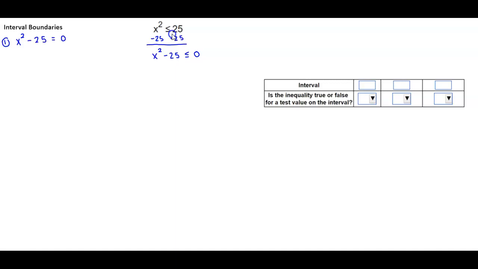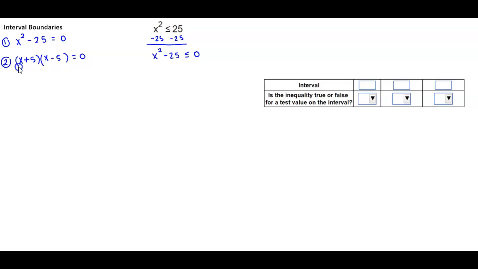Now, if you notice, this is the difference of squares, which can be factored as follows: x plus 5 times x minus 5 equals 0. What do you have to square to get x squared? x. What do you have to square to get 25? 5.